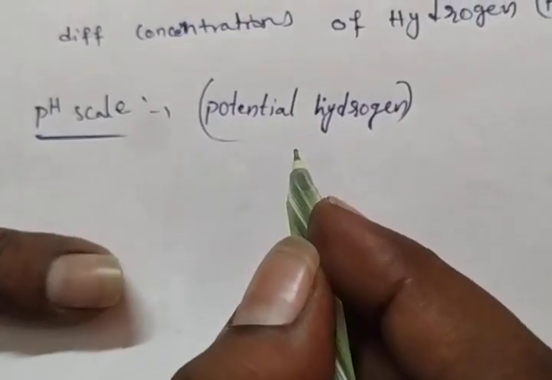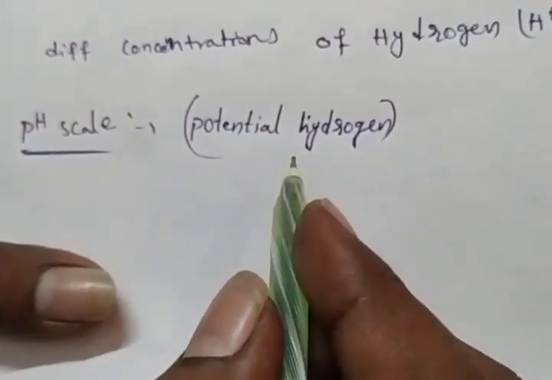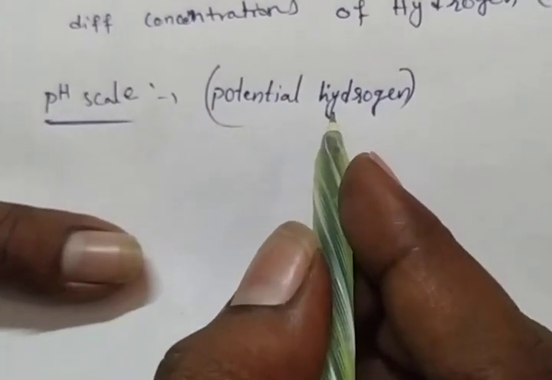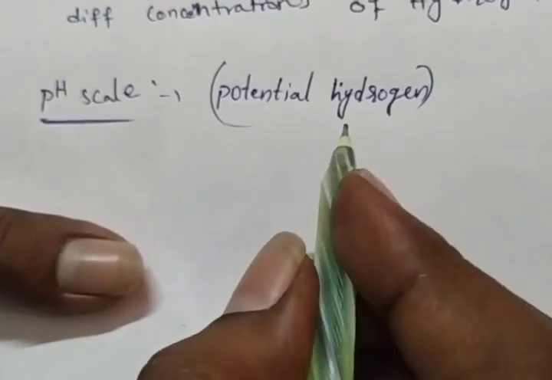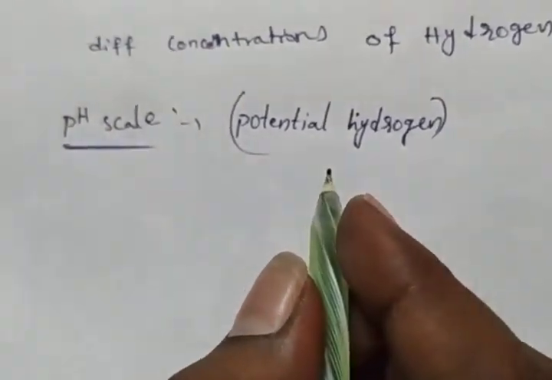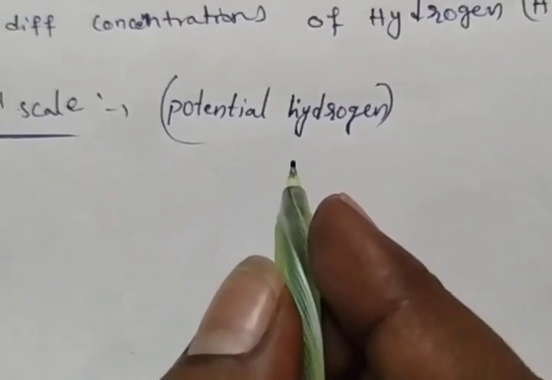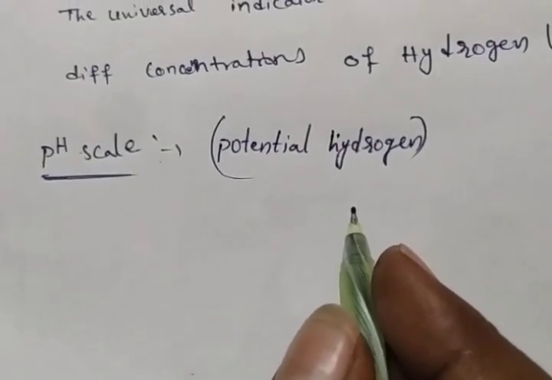So what is the pH scale? How can you define the pH scale? A scale for measuring hydrogen ion concentration in a solution is called the pH scale.